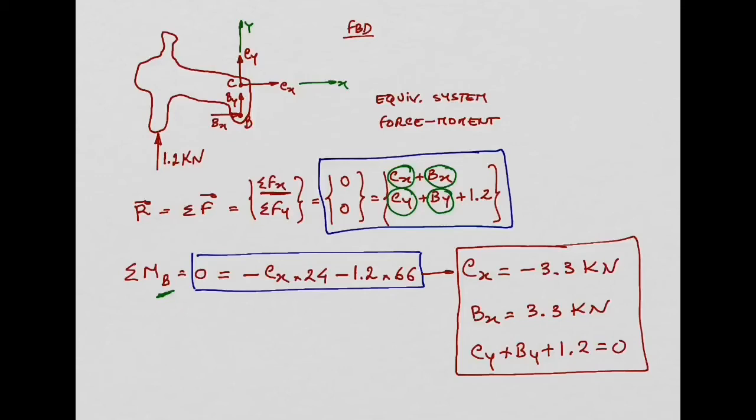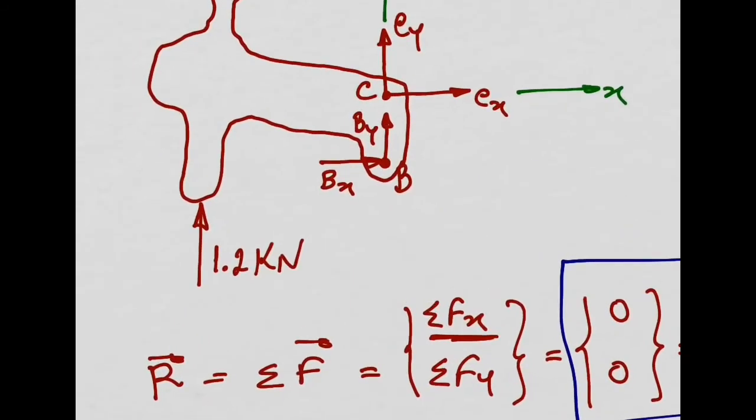So, look at this. We got Bx positive. Bx positive means my initial orientation for my reaction Bx was correct. So I can replace here Bx with 3.3 kilonewtons. Yeah?